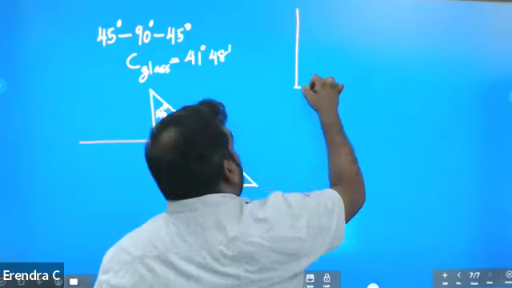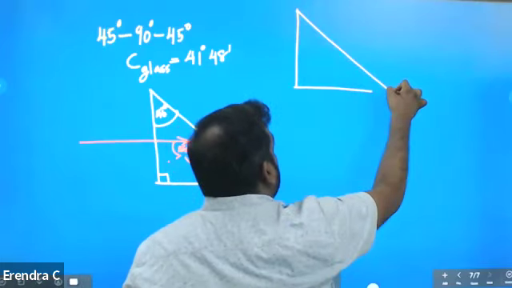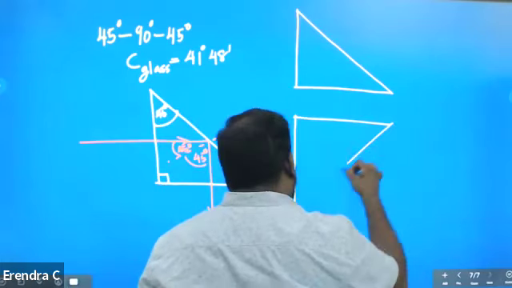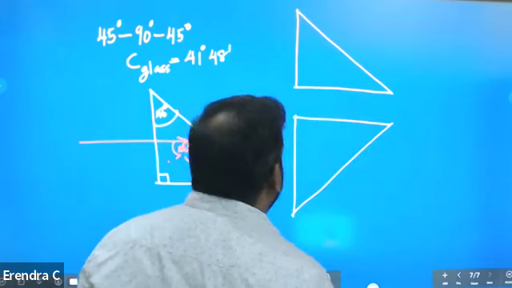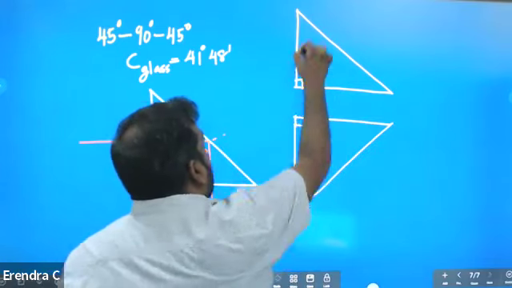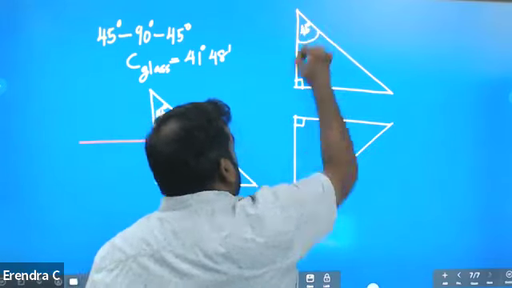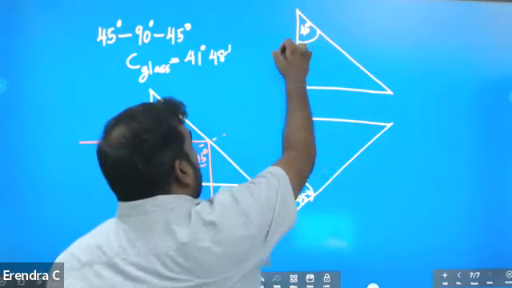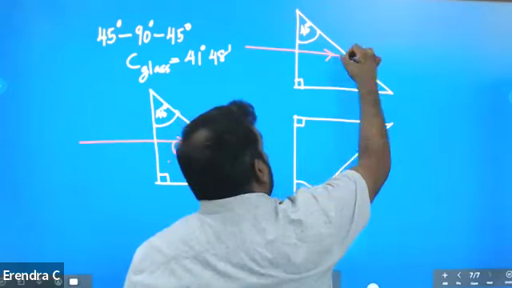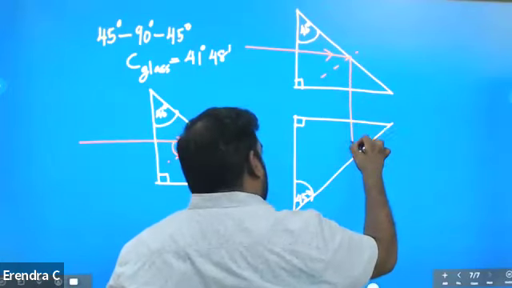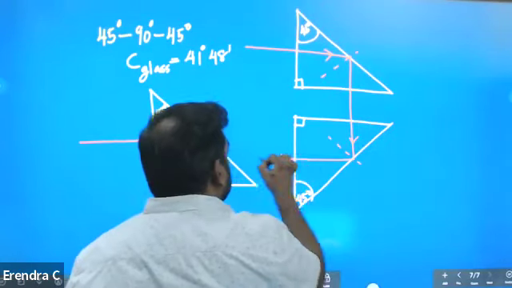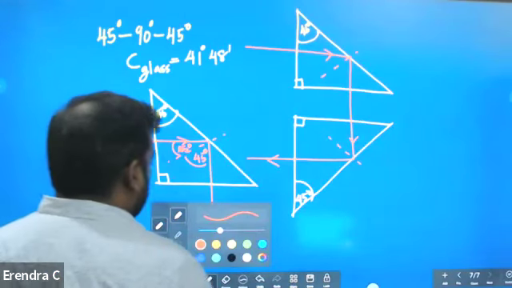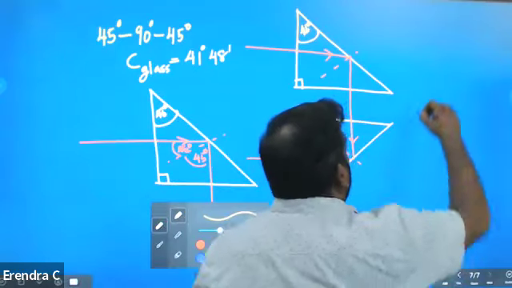So here also, if you keep it like this, here 90, here 90, here 45, here also 45. Again, it will act like a reflector. Total internal reflection takes place.